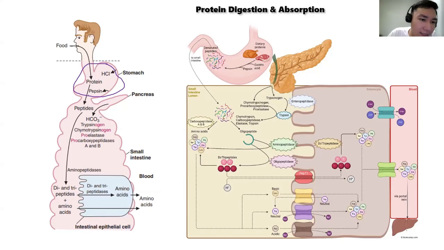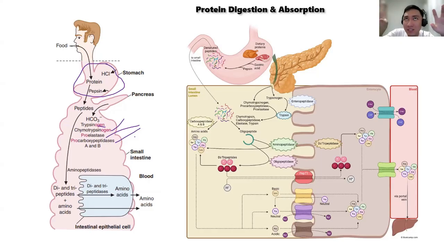Okay? And then you go to the pancreatic phase where you have these enzymes. So trypsinogen, which will be activated by enterokinase in the duodenum, di ba? So trypsinogen will become trypsin, and si trypsin can activate all the other enzymes. Okay, so si trypsin can activate chymotrypsinogen to chymotrypsin, proelastase to elastase, procarboxypeptidase to carboxypeptidase.